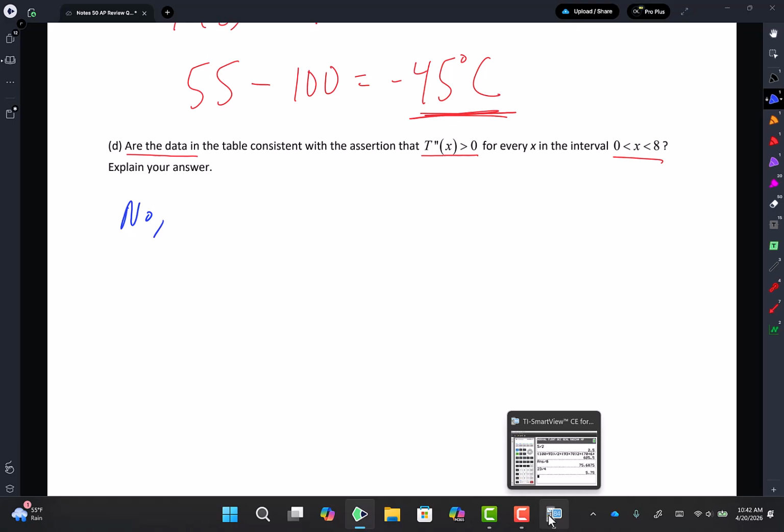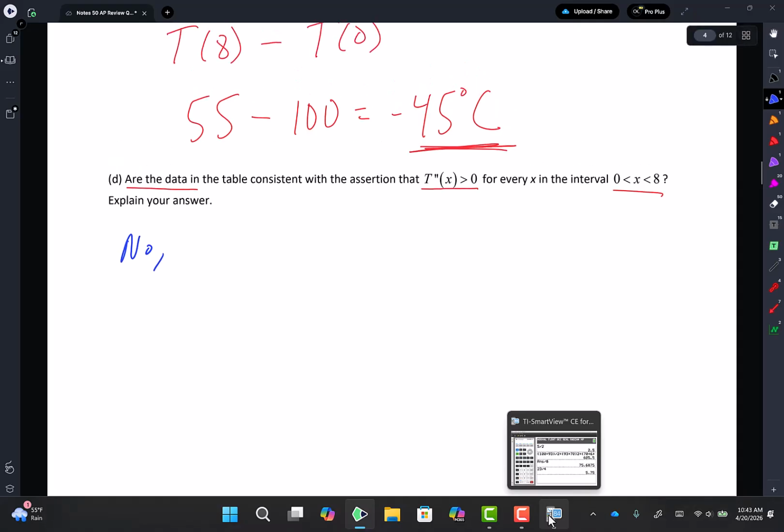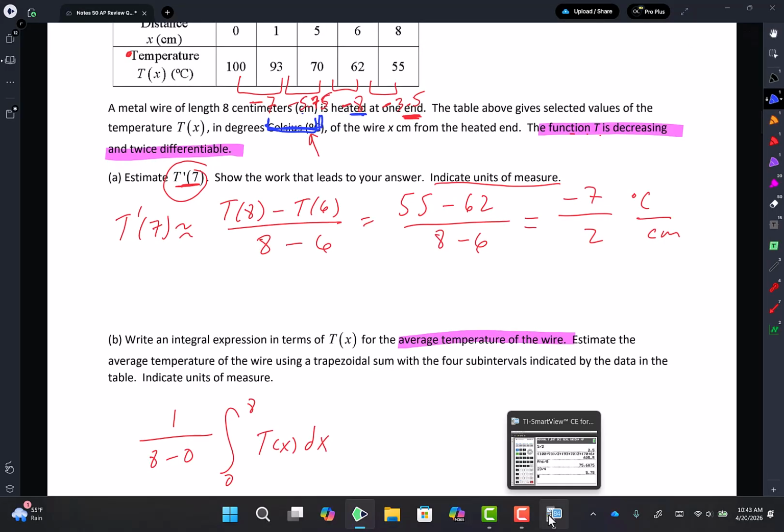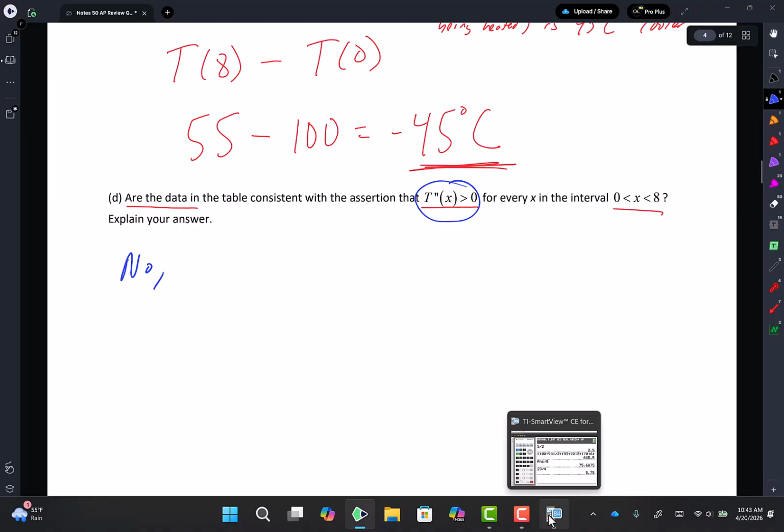Help me out, Miss Houston. What would you say? You can say, you're referring to T prime. T prime is decreasing. This means that T prime is always increasing, but notice, I didn't get that. You can say T prime is not consistently increasing.